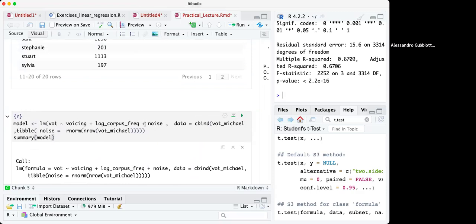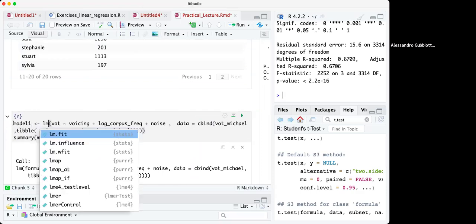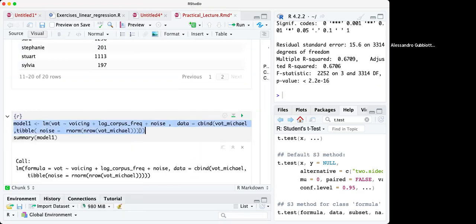So let me call this model 1, and let me also create model 2, which is the one without the noise.